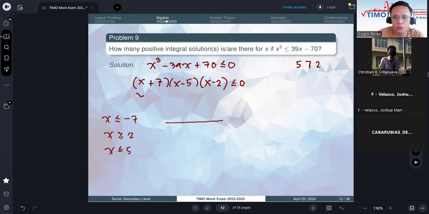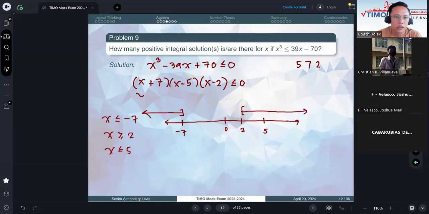Now, if you will have this on our number line, we have this 0, this is 2, this is 5, this is -7. Less than, so that means here, greater than or equal to 2, so you will have this one. Less than or equal to 5, so you will have this one.